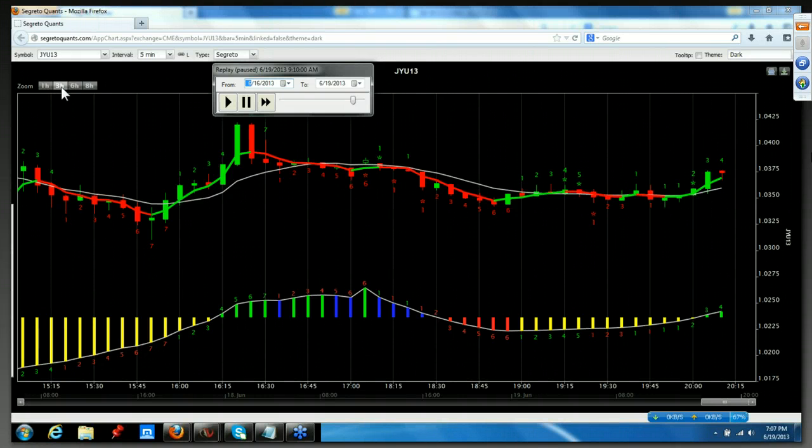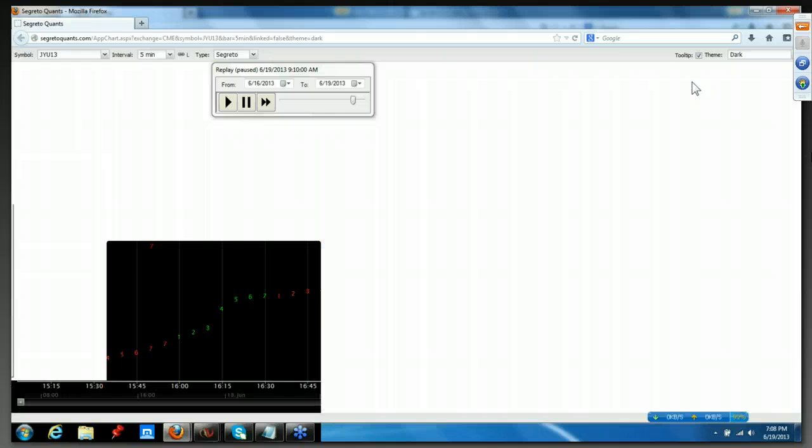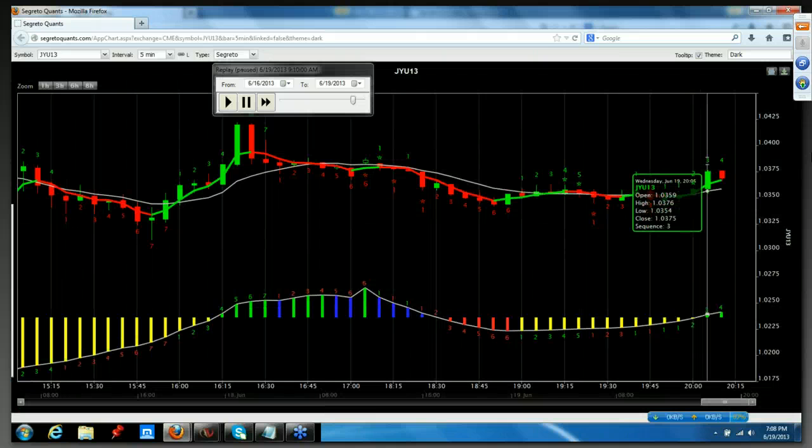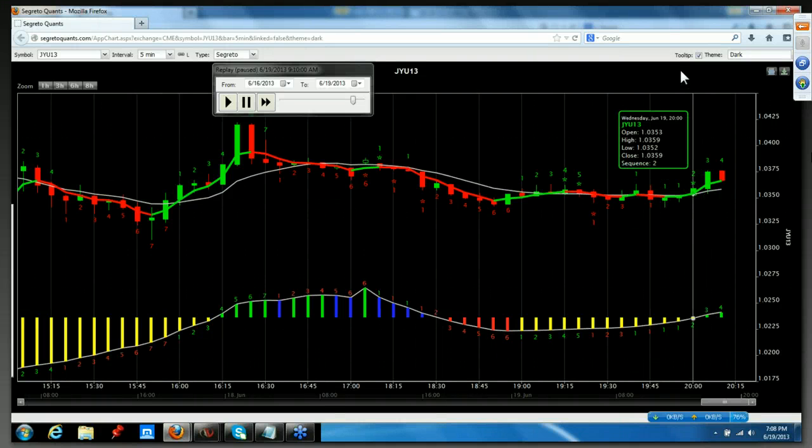Over here, you can zoom in and out in terms of 1 hour, 3 hours, 6 hours, etc. Currently it looks like we're on about a 3-plus. You can also go to a lighter theme. I don't actually like the lighter, so I keep it on dark. And very similar to the cross-tag feature in Shadow Traders, you have a tooltip. The tooltip gives you information from each particular bar: the open, the high, the low, and the close, and then of course the sequence.